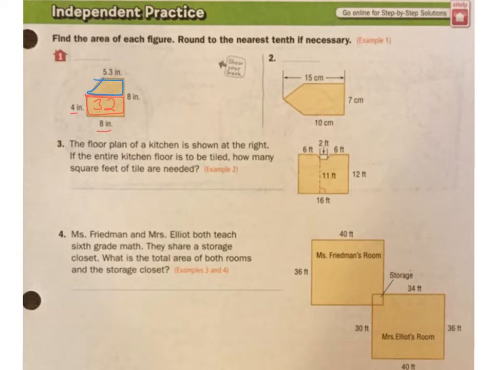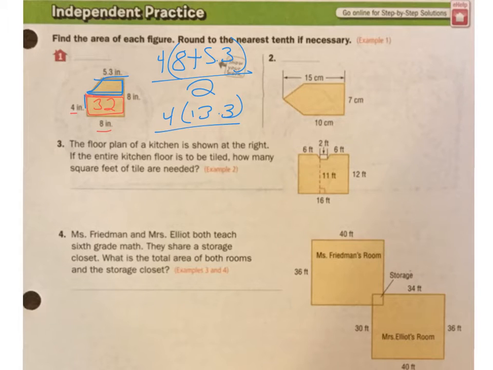Now the trapezoid is a little bit trickier to do, because it's the height, which, if this is 4, and this whole thing is 8, this must be 4. So it's 4 times my two bases. This is 8 plus 5.3, and then I divide everything by 2. So 5.3 plus 8 is 13.3 times 4 divided by 2.